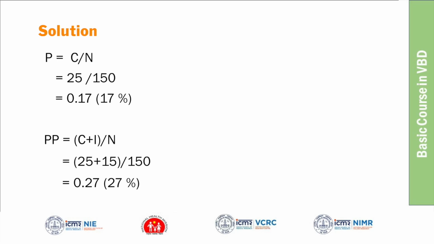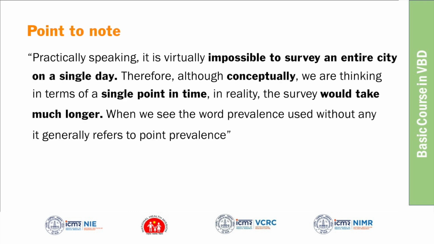So I hope that this is clear. Though we have two measures called point prevalence and period prevalence, most often you are going to use only point prevalence. As the epidemiology text also says, practically speaking, it is impossible to survey an entire city in a single day. Though conceptually we are thinking in terms of a single point in time, in reality a survey to cover 500 people may take much longer.